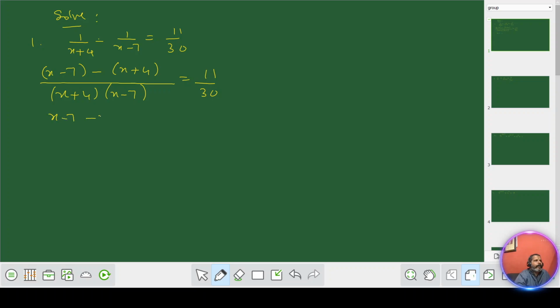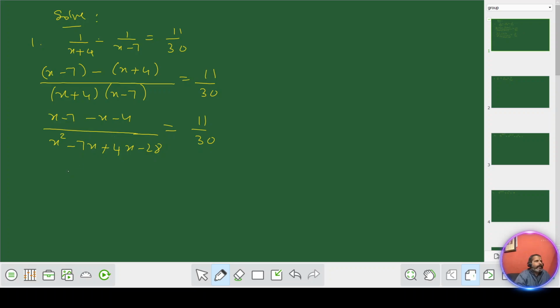So the numerator remains. Open bracket, x plus 4 into x minus 7, we'll open here itself: x square minus 7x plus 4x minus 28. I hope you know this. x into x is x square, x into minus 7 is minus 7x, plus 4 into x is plus 4x, plus 4 into minus 7 is minus 28.